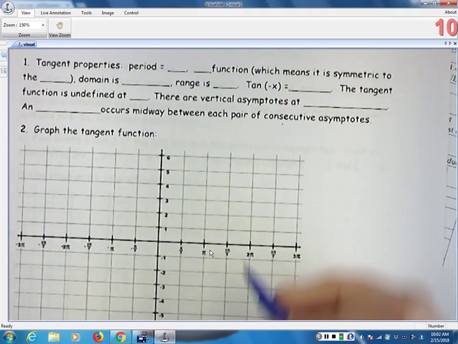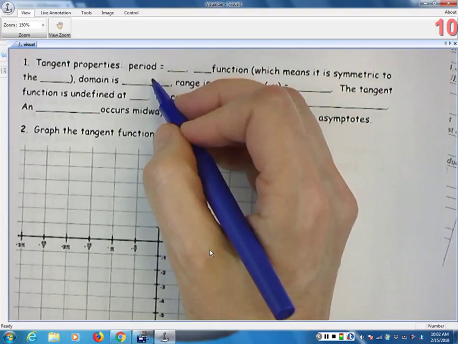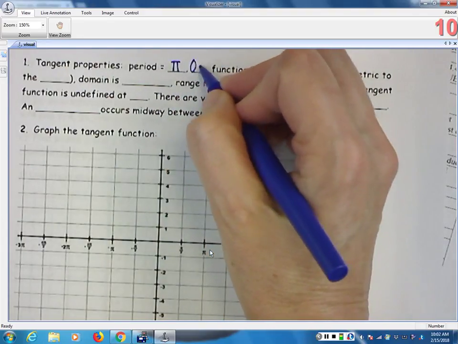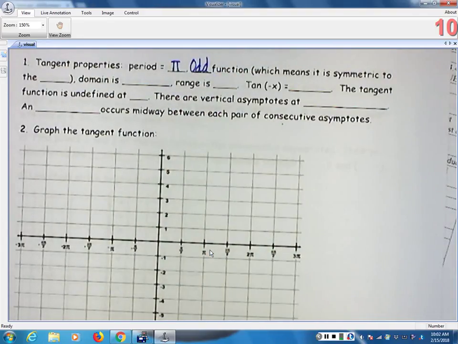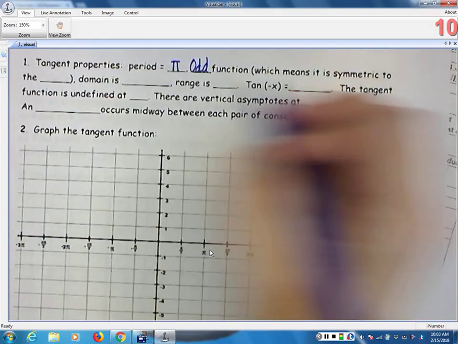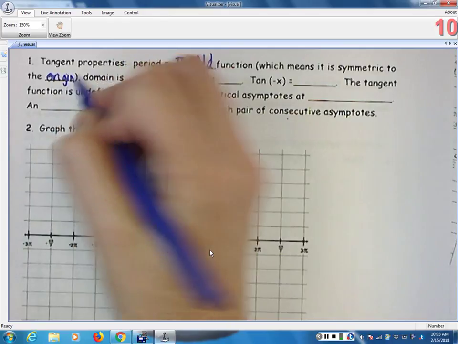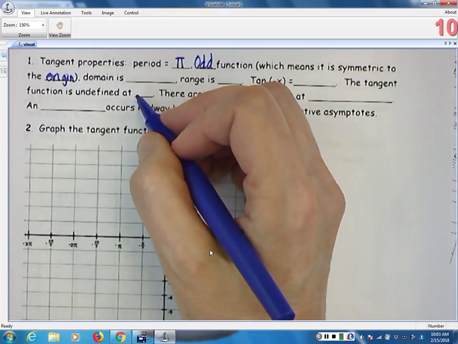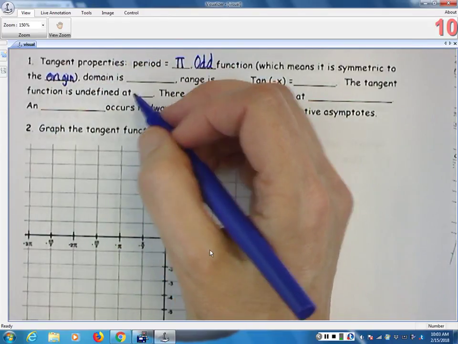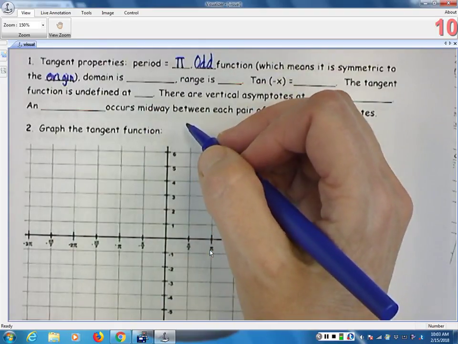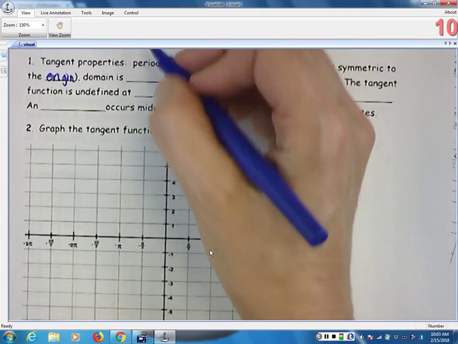So tangent properties: the period is pi. It's an odd function, which means it's symmetric to the origin. The domain is all real numbers except odd multiples of pi over 2.